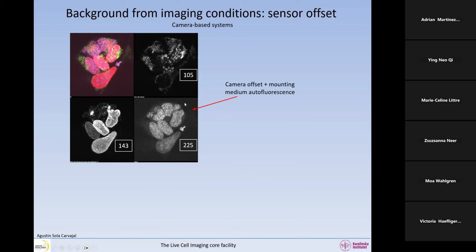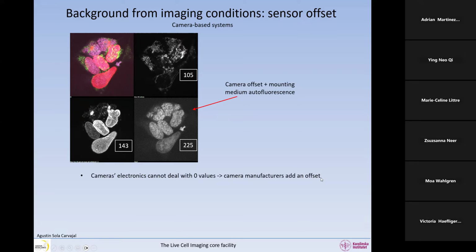So in here, in this image, we have the camera offset, and we also have mounting medium autofluorescence in here. And why do we have this camera offset? So it works a little bit different from a single point confocal. The camera's electronics cannot deal with 0 values. And that means that the camera manufacturers, they always add an offset.